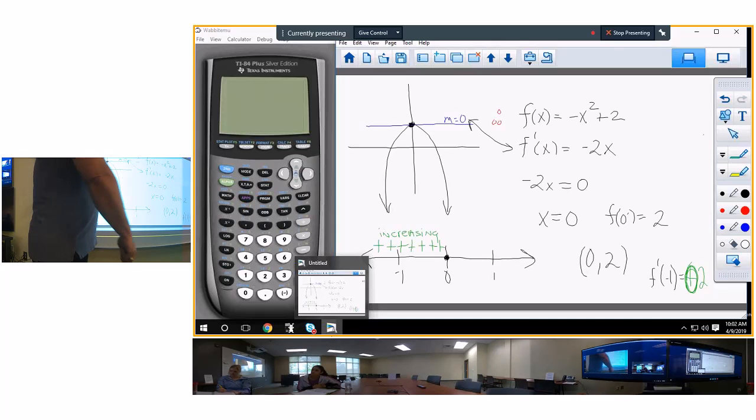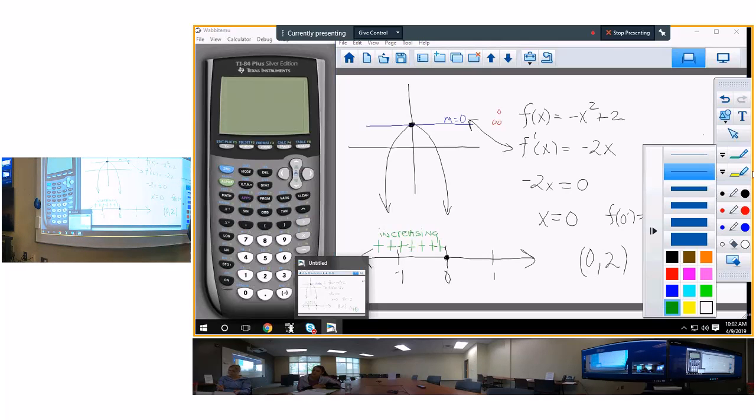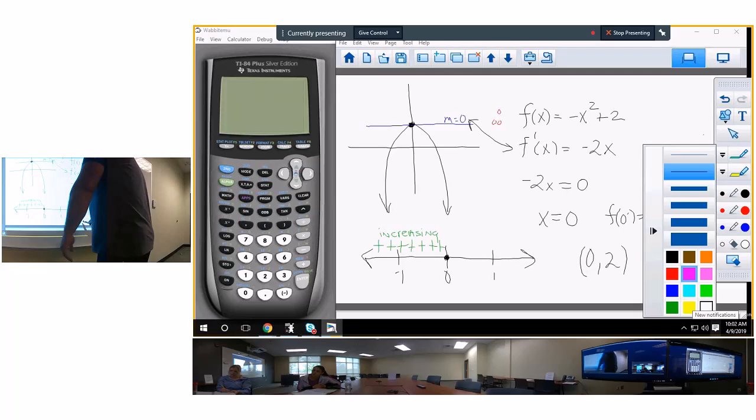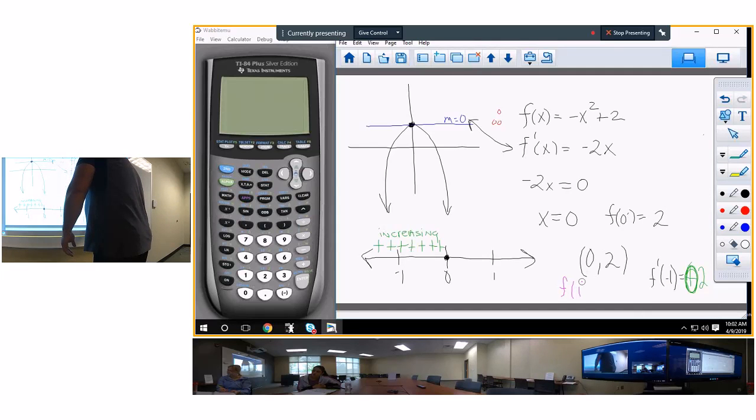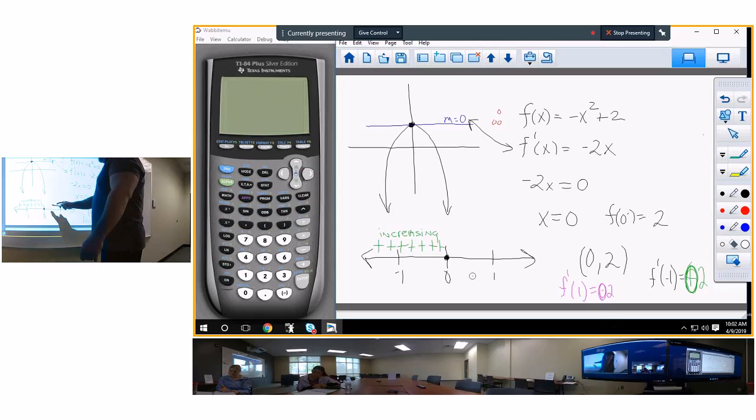Okay, now what goes up must what? Come down. But we're going to check it. We're going to take our handy-dandy magenta, and we're going to plug in 1. What's 1 times negative 2? F prime of 1. Negative 2. So that negative means that this side is what?